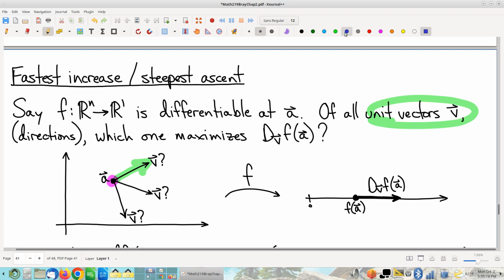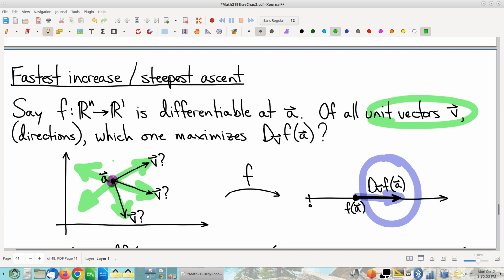And I would like to ask, as a change in the input will cause a change in the output, and we know that the rate of change in the output is the directional derivative, of all of these possible different unit vectors representing different ways that I can move in the domain, which one makes this directional derivative as big as possible? That's a pretty reasonable question.